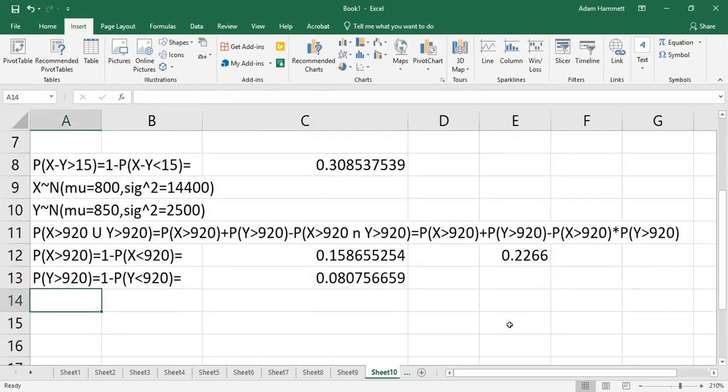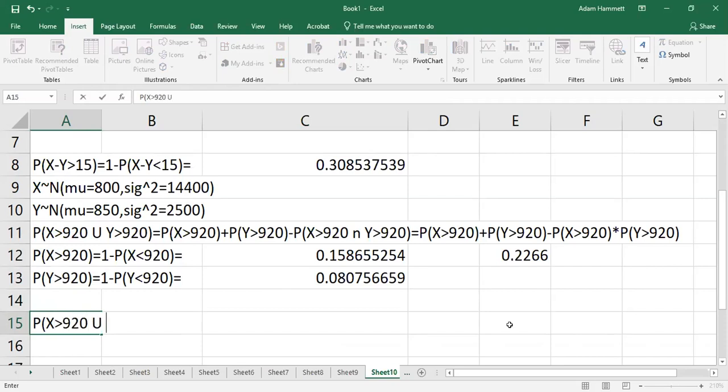So here's another way to do it that's easier. I just realized. So the probability that X is greater than 920 union Y is greater than 920 is equal to 1 minus the probability.